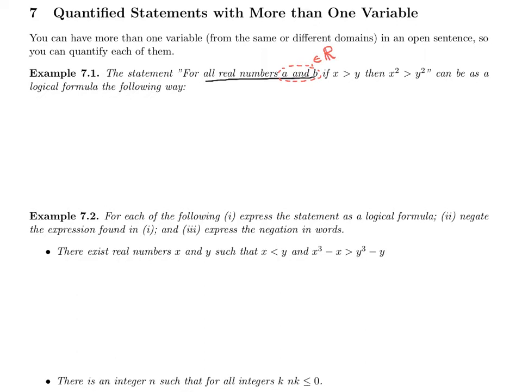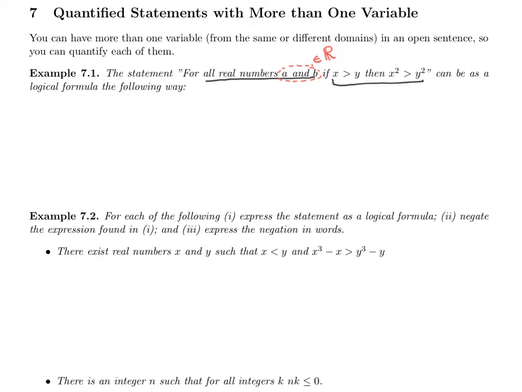And then we have our usual open sentence there. So if I want to quantify this, it's basically saying for all real numbers a and all real numbers b, if x is greater than y, then x squared is greater than y squared.